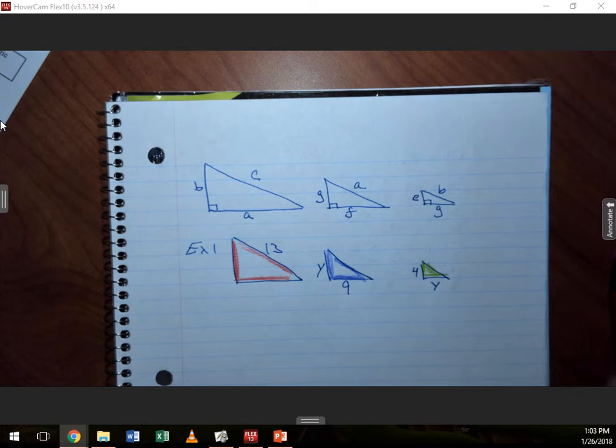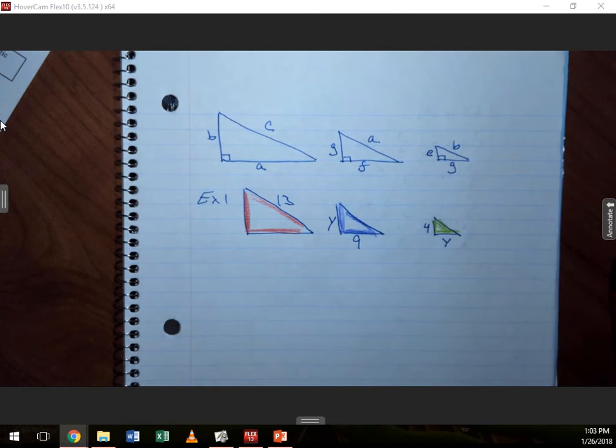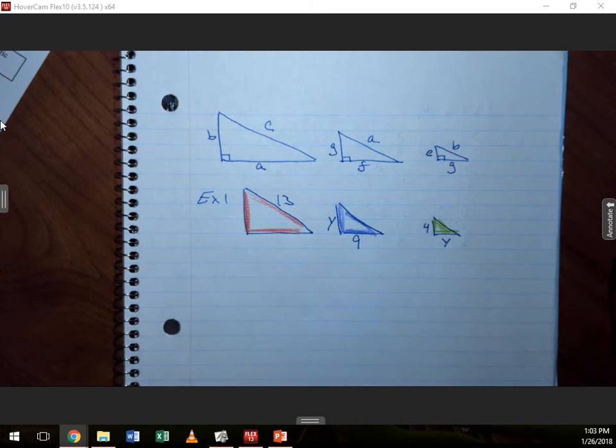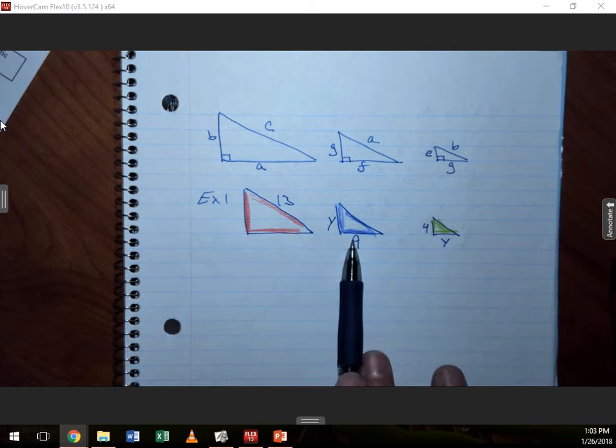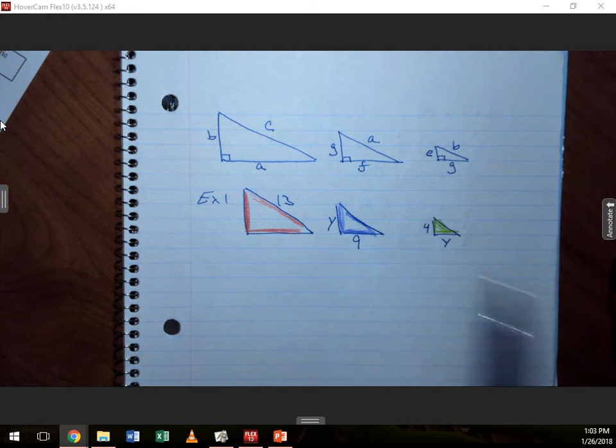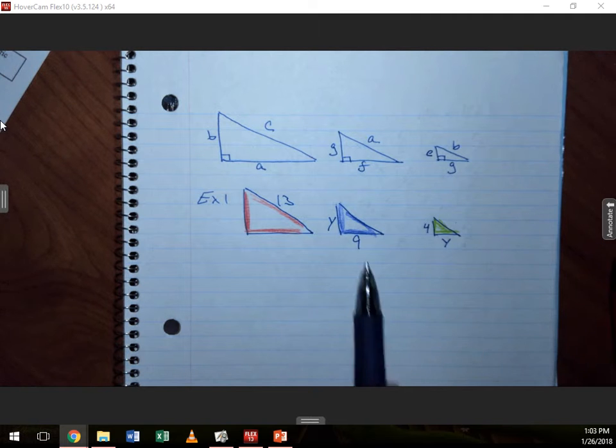Now, to be able to do this comparison, you need at least two sides of each triangle. Do I have two sides of this triangle? No, I do not have two sides of this triangle. Okay? I have two sides of this one, and I have two sides of this one. They have to be corresponding.